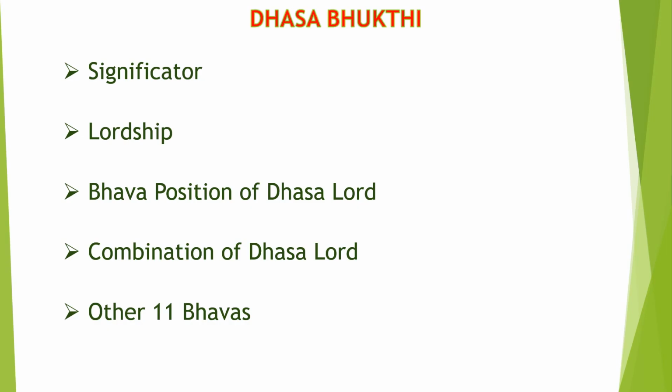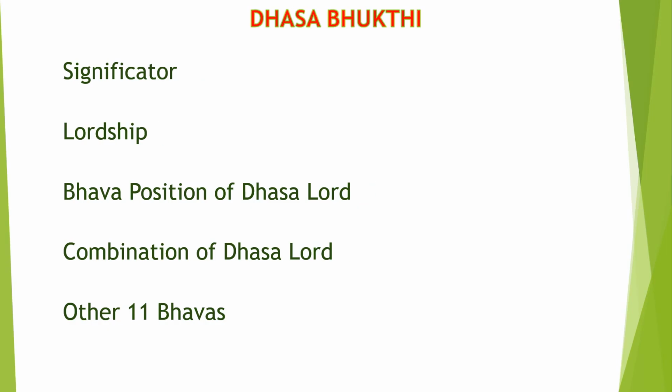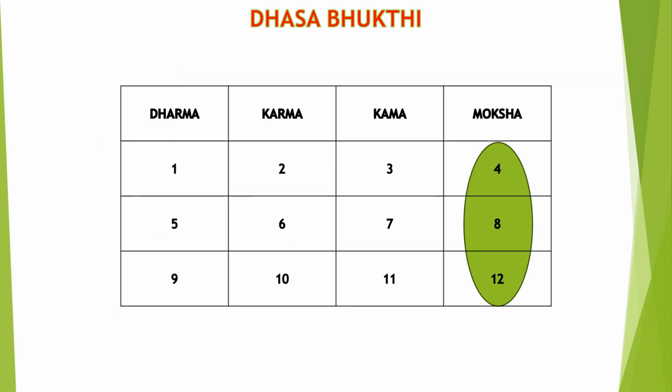So we can see how the 12 bhavas are benefited because of the dasa lord. So for example, if Dasha Lord is in the fifth house, then we should consider that as the first bhava.